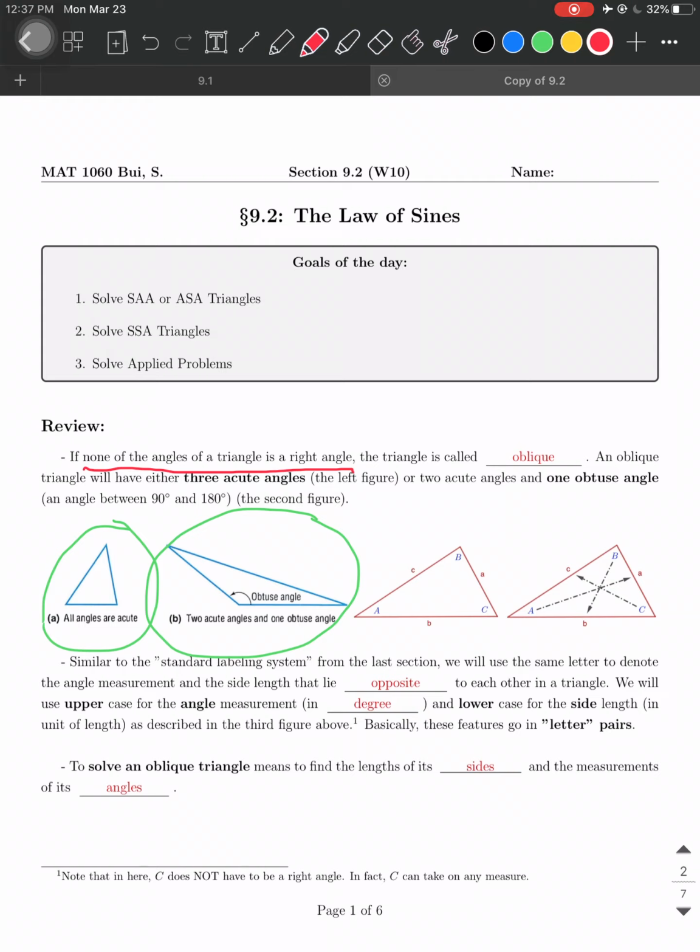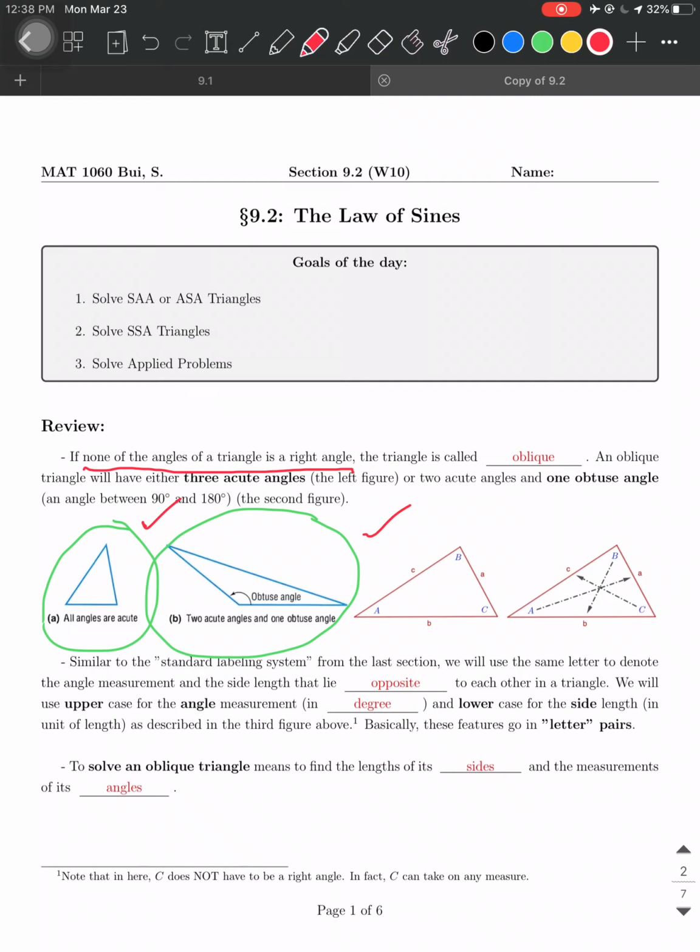Some scenarios: you can either have all three acute angles, like the first picture, or you can have two acute angles and one obtuse angle, or just any random triangle as long as it's not a right triangle, then it's an oblique triangle, okay?